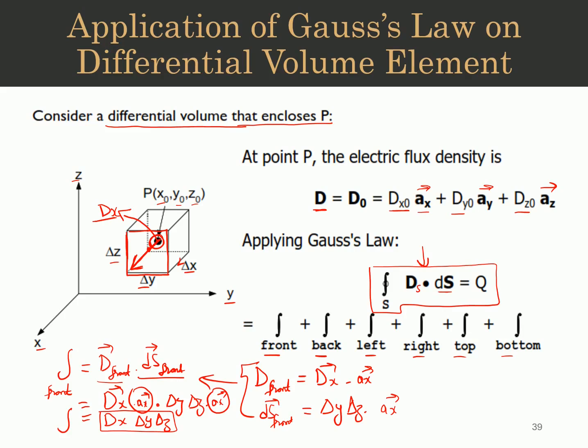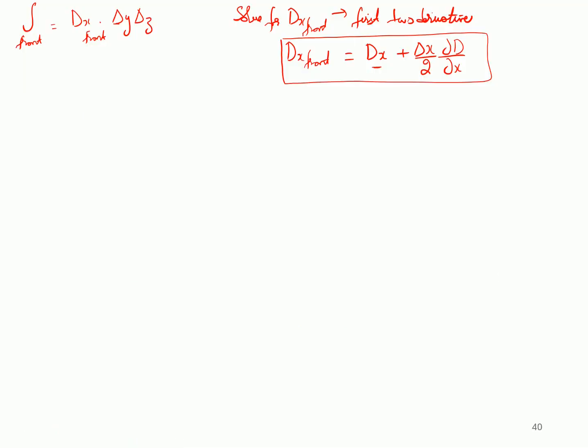Once I have this, I can go back to my integral. Let us call this equation 1, so I can input the value over here. My integral now comes out to be D of x plus delta x divided by 2 times the partial derivative of D of x, multiplied with the small surface area in the front, delta y delta z.